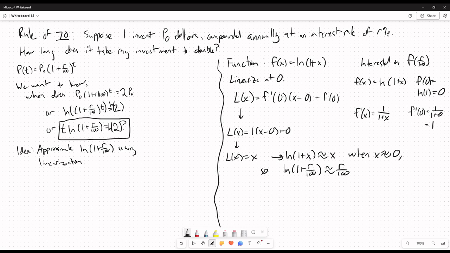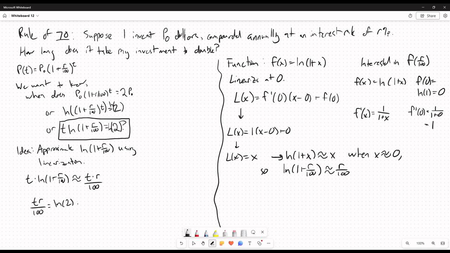Now we have that t times natural log of 1 plus R over 100 is about the same as t times R over 100. So we can write our equation as we're looking for t times R over 100 equals natural log of 2.